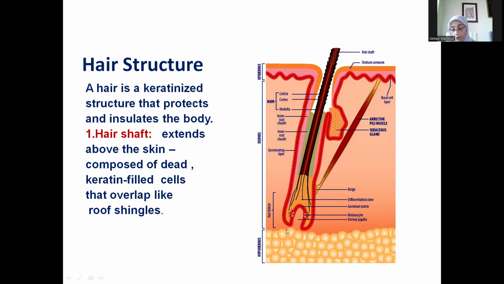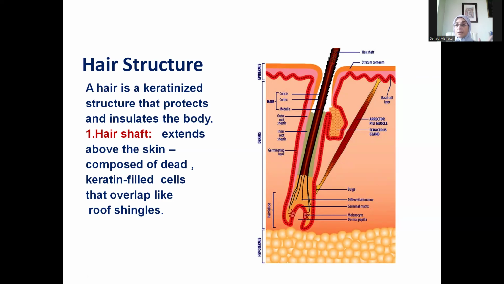The germinal matrix above the dermal papilla is very active, of course, to form hair cells of the lowermost part of the hair, which is the hair bulb. The hair bulb is an onion-like structure just above the lowermost part of the germinal matrix, whose living cells are formed by the germinal matrix.